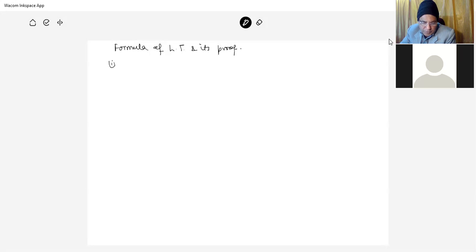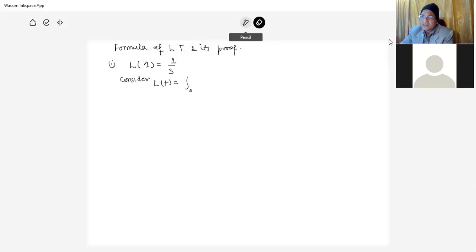First is the simple Laplace transform of 1, which is 1 by s. Laplace transform of 1 is 1 by s. So let us prove it. Consider L of f of t, which is from 0 to infinity, f of t e raised to the power minus st dt.